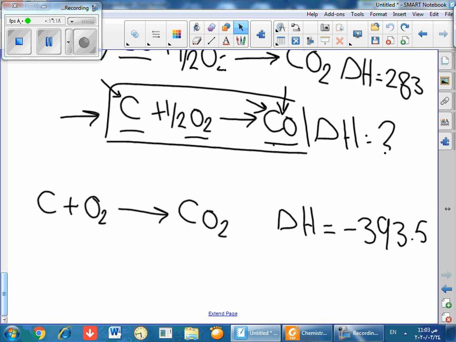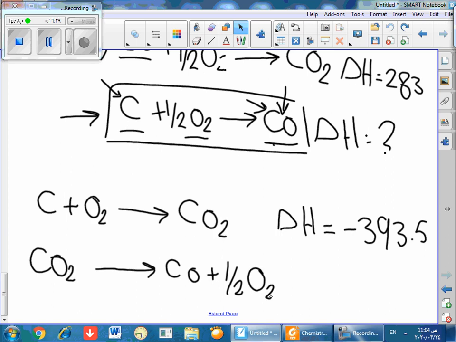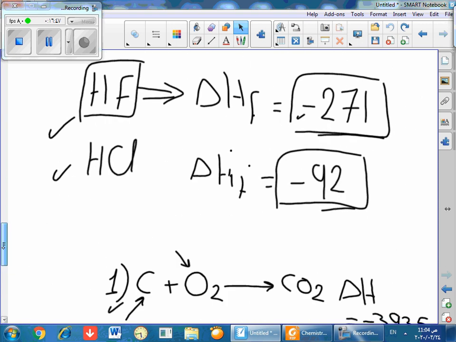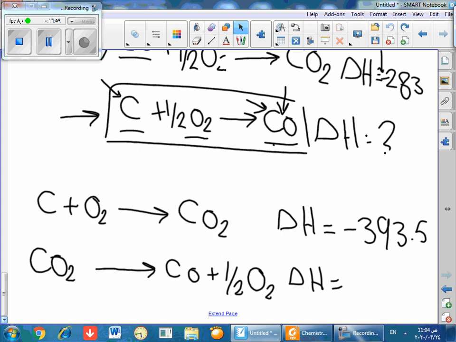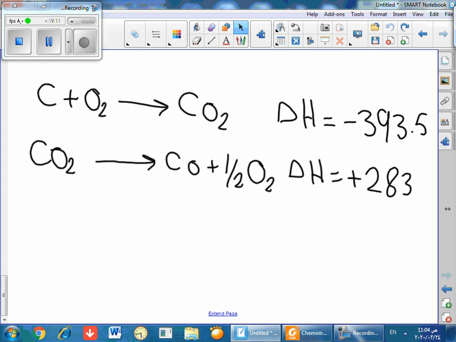For example, we make the product replace the reactant: CO2 producing CO plus half O2, and we change the sign of delta H. Delta H of this reaction is negative 283, so we change the sign and it equals positive 283. Okay.